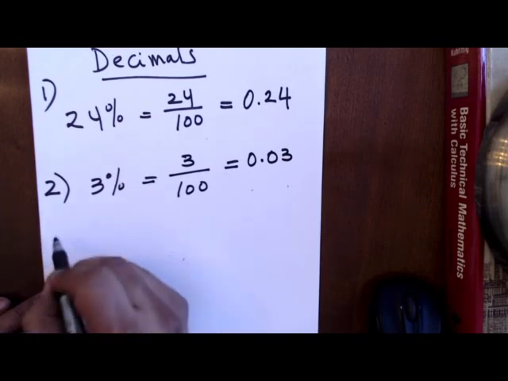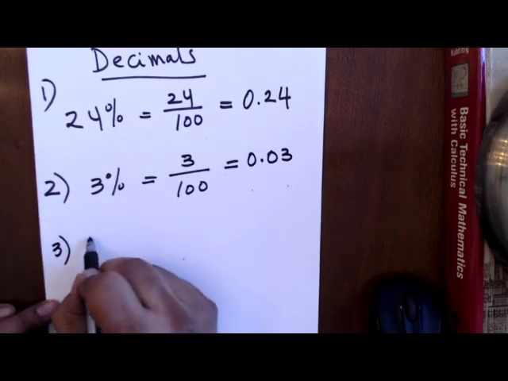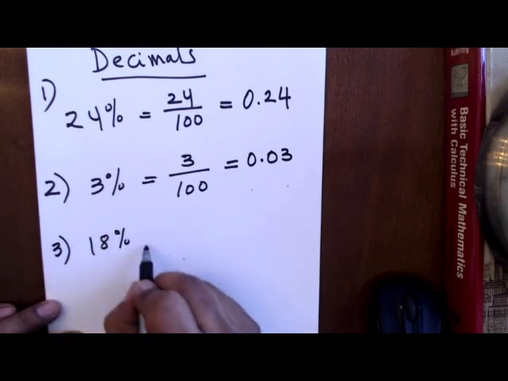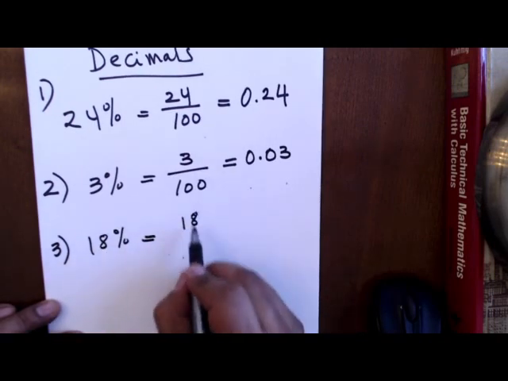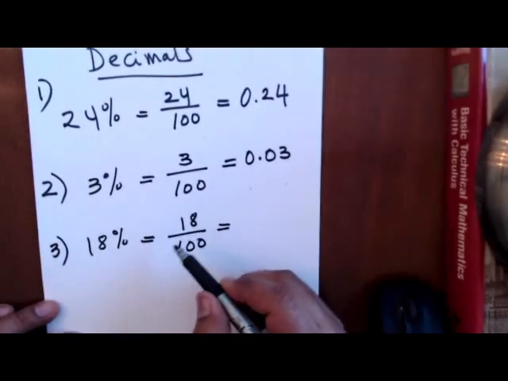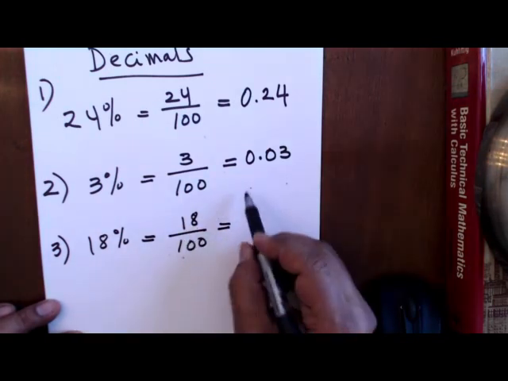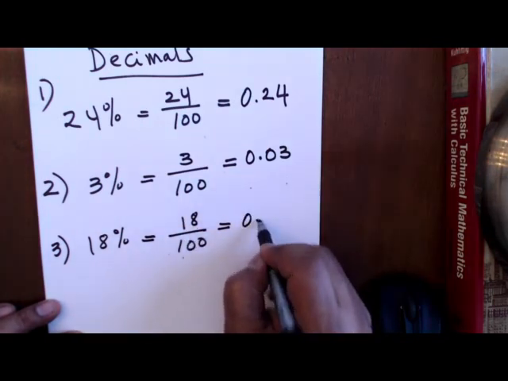Let's go one more example. Number 3, 18%. This is 18 divided over 100. Again, you move the decimal point 2 spaces, 1, 2. So it will be 0.18.